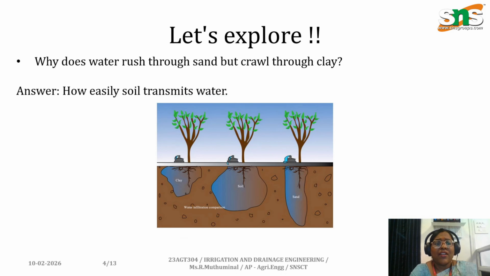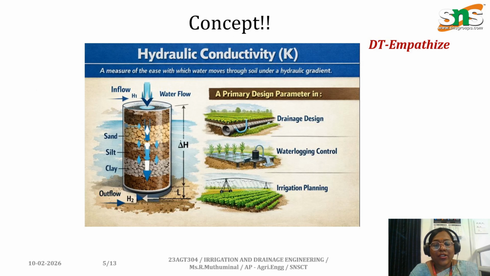Let us explore why water rushes through sand but crawls through clay. It is how easily the soil transmits water. These all are because of the soil texture. So hydraulic conductivity is a measure of the ease with which the water moves through soil under a hydraulic gradient.